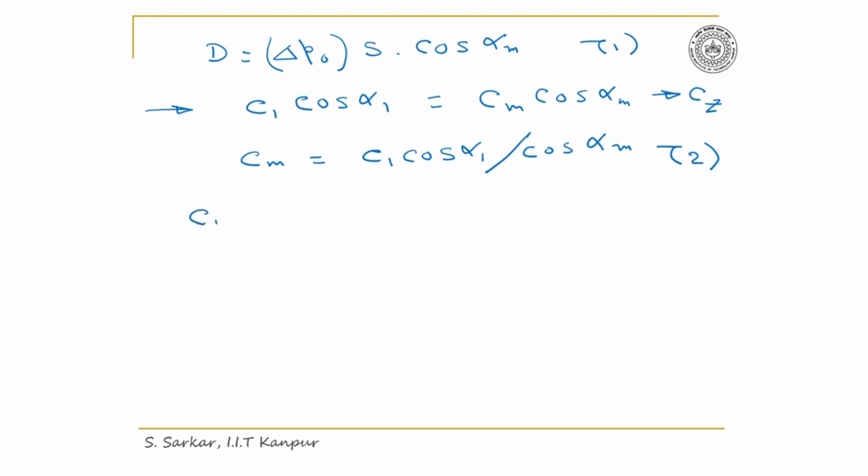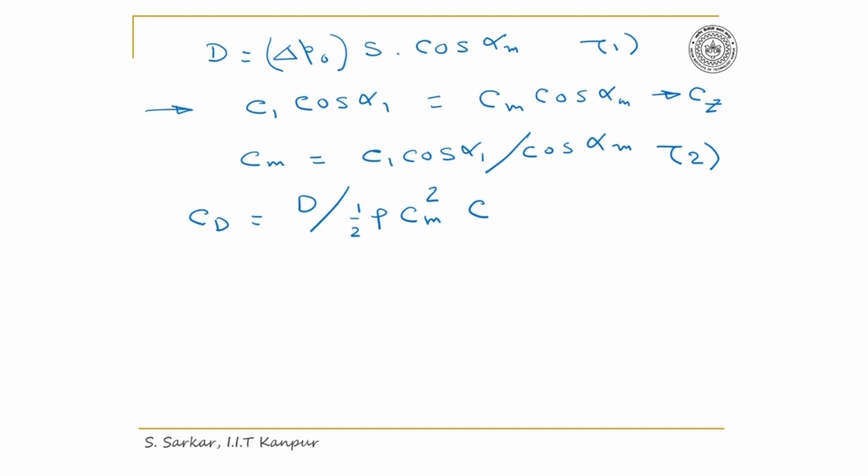Thus CD equal to D divided by half rho Cm square into C, where C being the chord. Now, from equation 1, you can put the value of drag over here. And from equation 2, you can put the value of Cm.